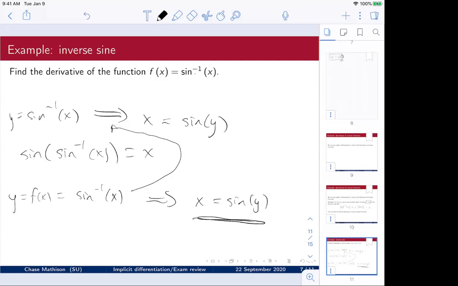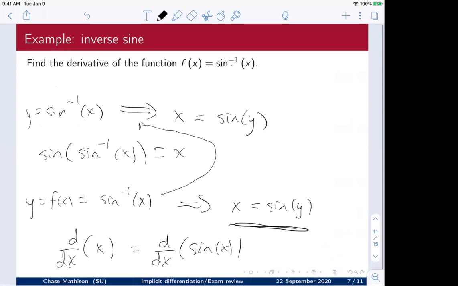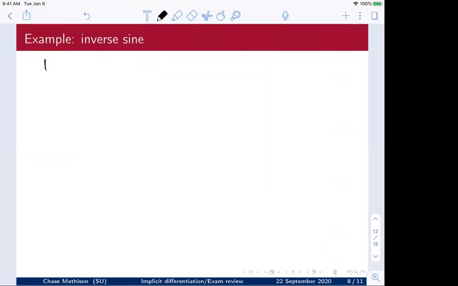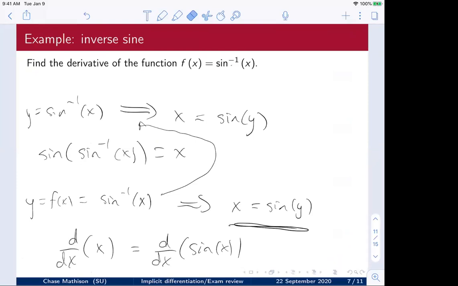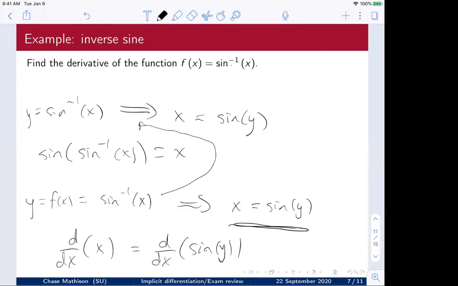So if I use implicit differentiation here, then if I take d dx of both sides, the derivative with respect to x, what do I get on the left-hand side? I'm just going to get 1. Sorry, that should be a y there. On the right-hand side, the derivative of sine of y with respect to x is what?